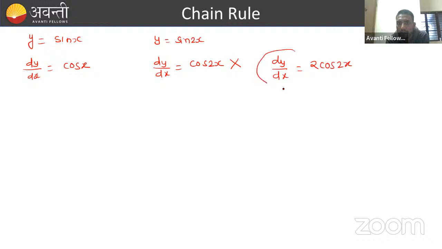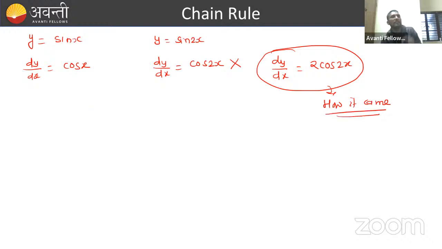So now you will ask, how did it come? Whenever we define differentiation, we have seen some standard formulas, right? So we are differentiating this y with respect to x. If this sine is a function of x, it should be x only. But here it is 2x, and there it is x.